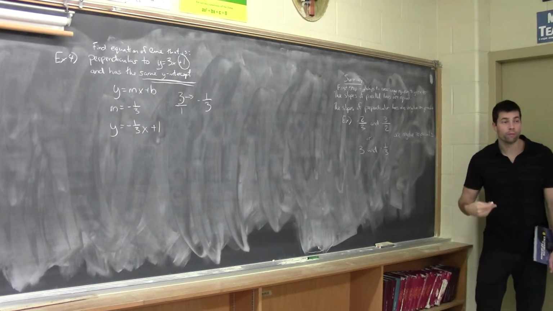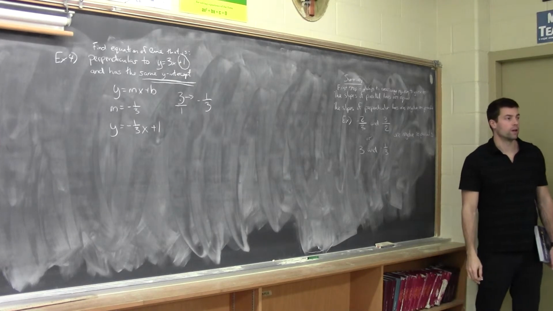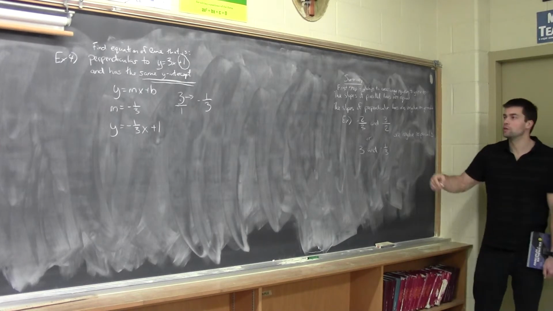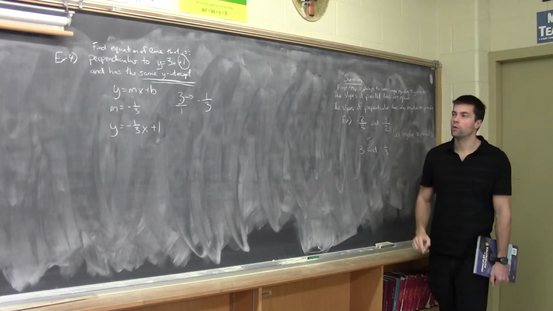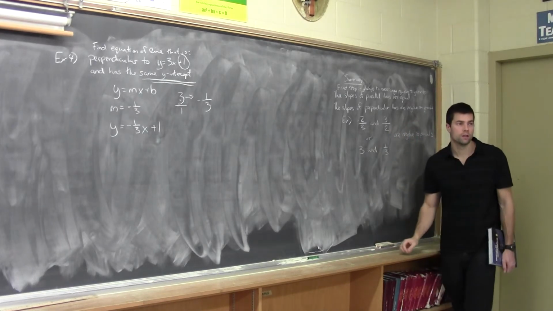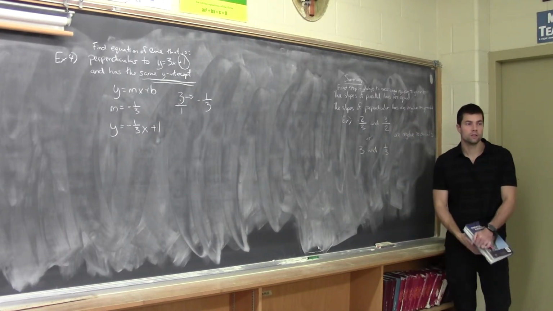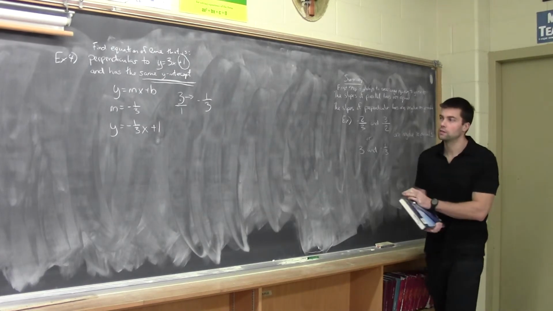Always your first step. From there, you can kind of work it out, right? But until you take that first step and rearrange, we don't have much information about anything. Okay? Any questions? All right, that's the end of the lesson.